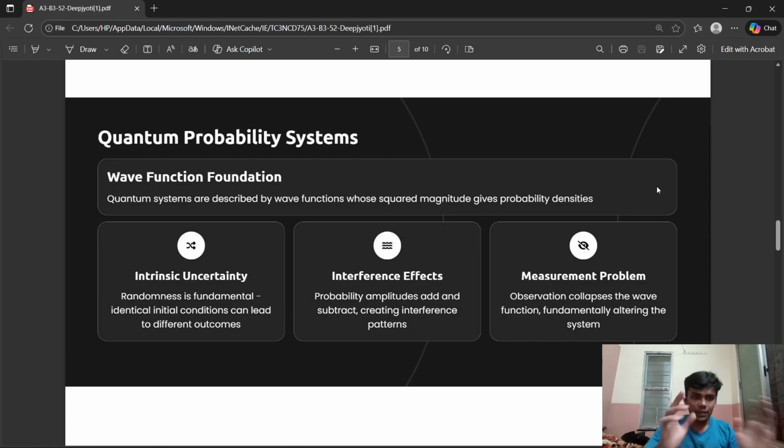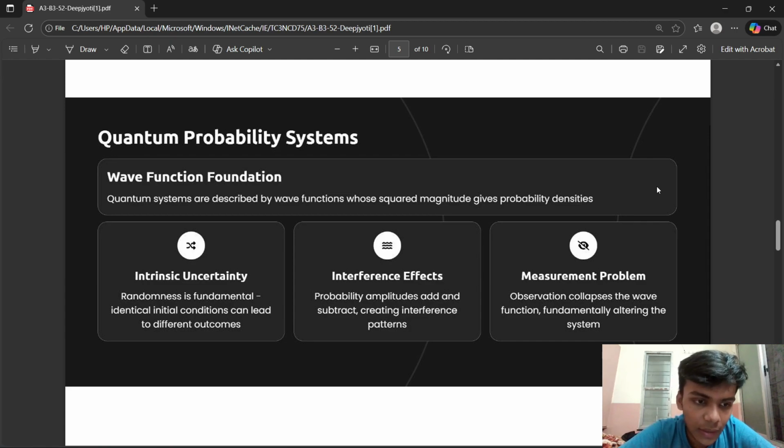Now the quantum probabilistic system. Wave function foundation is the part of the quantum probabilistic system, which means quantum systems are described by wave functions whose squared magnitude gives probability densities. It has three subtopics: intrinsic uncertainty, interference effect, and measurement problem.